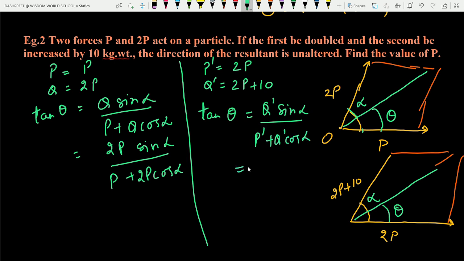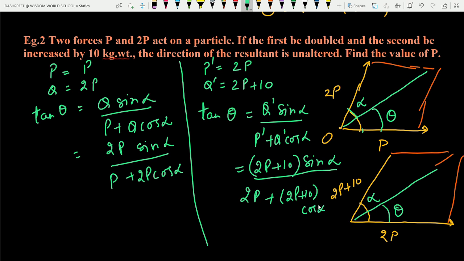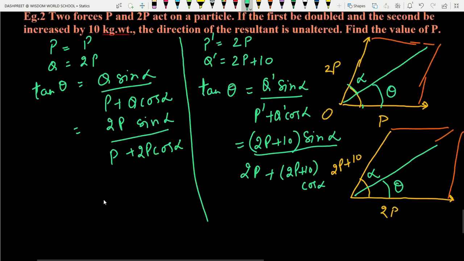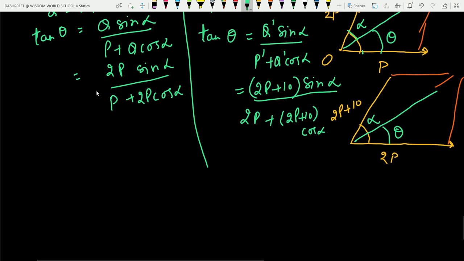Here the value of Q dash is 2P plus 10 sin alpha divided by P dash is 2P and Q dash is 2P plus 10 cos alpha. Now since both the values of tangent theta are the same, you can equate these two expressions.